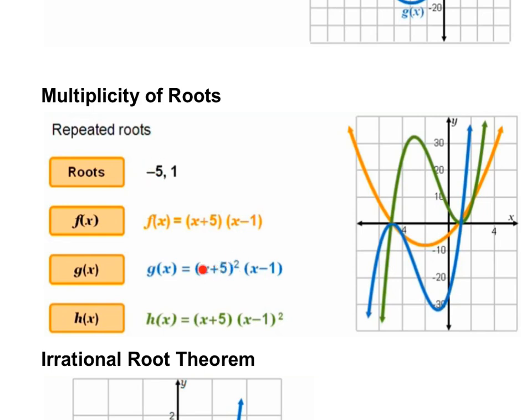That turns this into a degree 3 polynomial. And what happens at -5 is that we have an intercept, but we don't go through that intercept. The same thing if we multiply the x minus 1 factor a couple of times: we end up getting a different function. So there are a couple of things we have to account for when we're doing this.